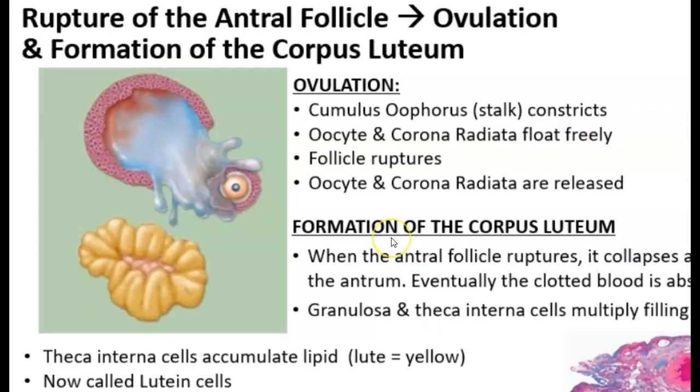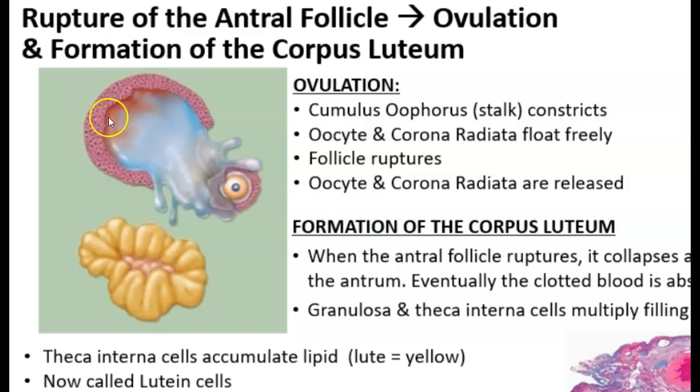Now, in the next stage of folliculogenesis, the antral follicle is going to rupture to cause ovulation and formation of the corpus luteum. During this stage, the cumulus oophorus, or the stalk, constricts, and that causes the oocyte and corona radiata to float freely.